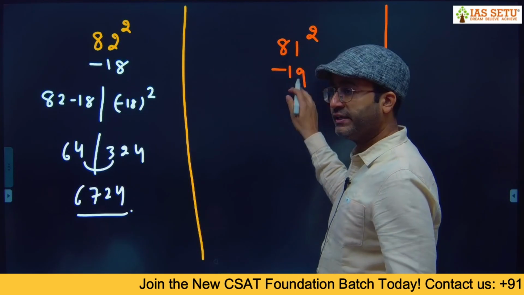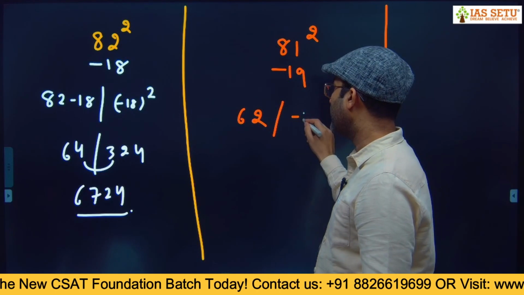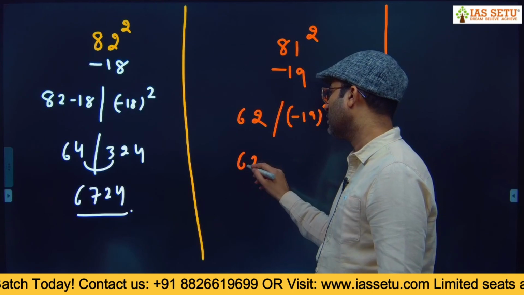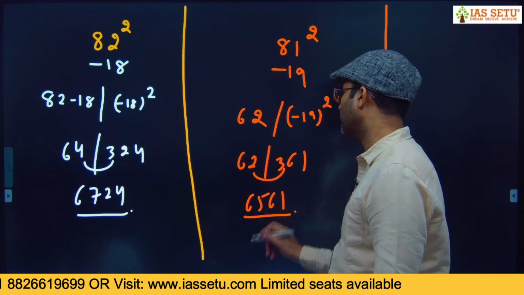Left side value is 81 minus 19. What is 81 minus 19? 62. And right side is minus 19 square. What is 19 square? 361. So here you have 3 carry forward, 6, 5, 6.